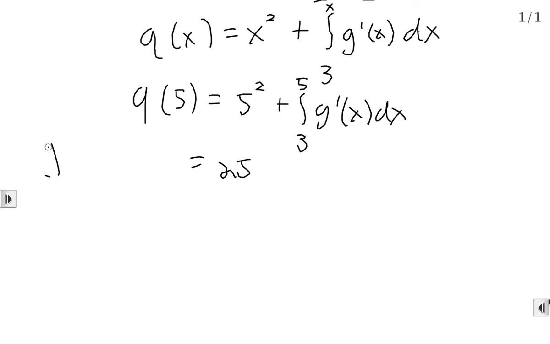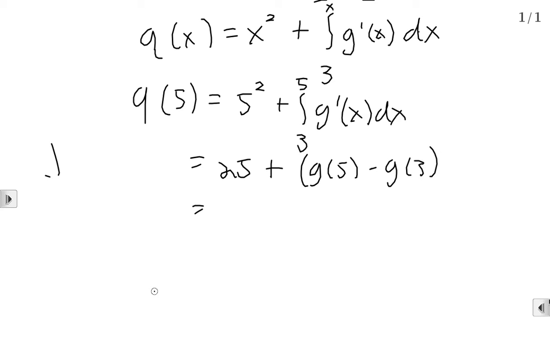So using q of 5 made no sense. The struggle is real. All right. So plus, and then, if this is g prime, then the appropriate other half of this mathematical sentence would be, well, what is g of 5 minus g of 3?